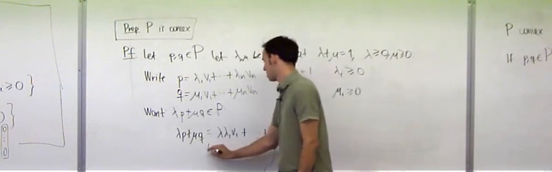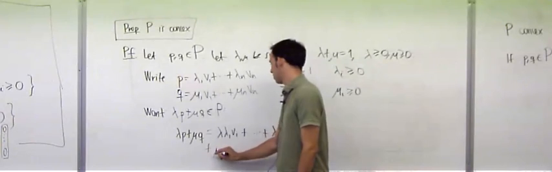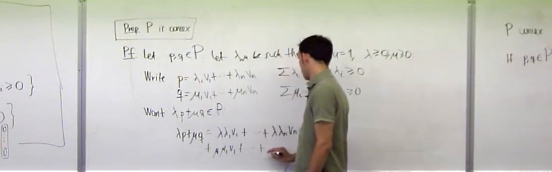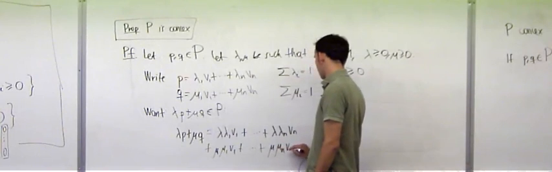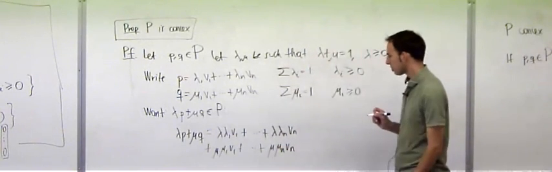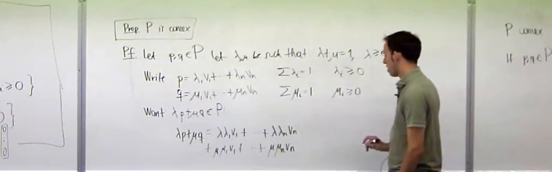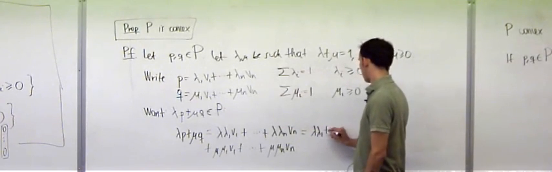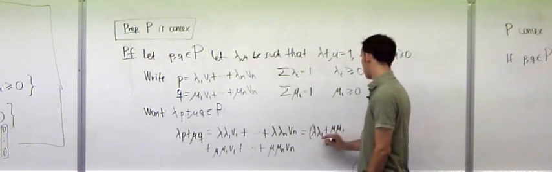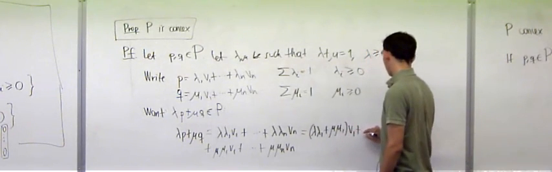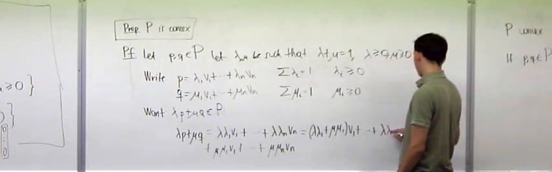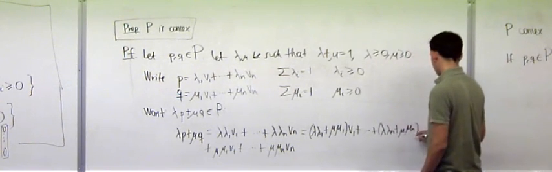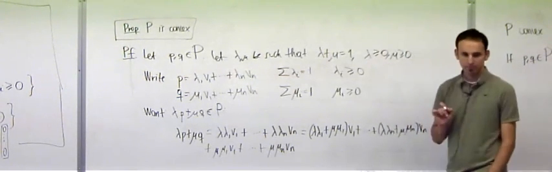And then mu Q is mu 1 V1 up to mu n Vn, right? Which I can just distribute as lambda 1 plus mu 1 V1 up to lambda n plus mu n Vn. Okay?